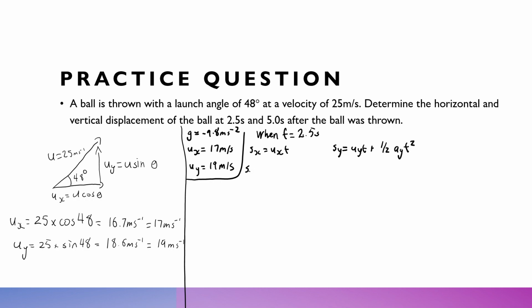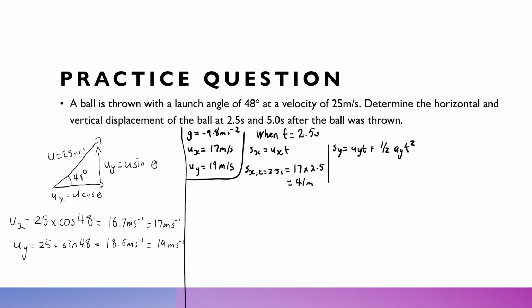So the displacement in the x direction, where t is equal to 2.5 seconds, is going to be equal to our ux, which is about 17, times our t, which is 2.5. This should come out to 41 meters to two significant figures.